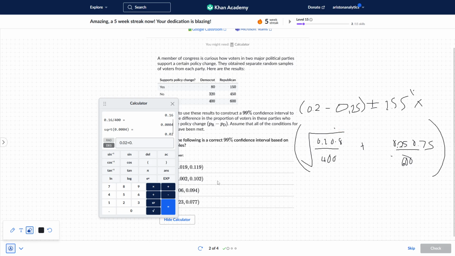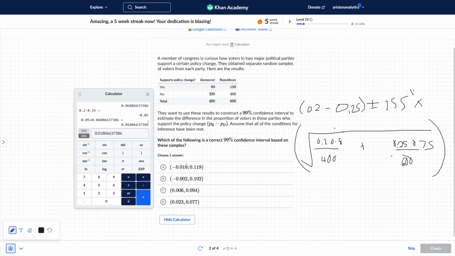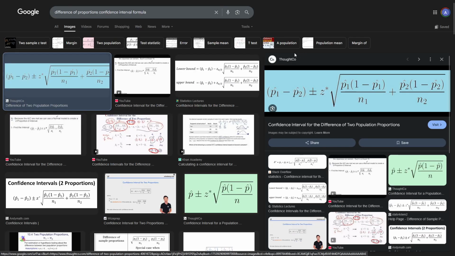Okay, let's do it again. Oops. Zero point 0.018. Hmm.